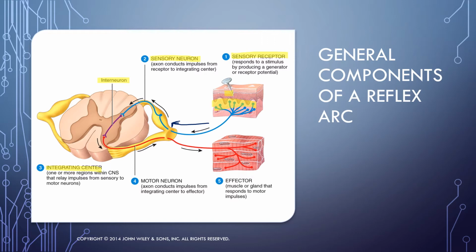That integrating center, the interneuron, will then synapse with a motor neuron, and this will conduct impulses from the integrating center to the effector, which is a muscle or gland, deciding what to do. So if you step on a nail, you're going to have a reflex that you tear your foot away from that pain that is sensed, and that's a very quick reflex.